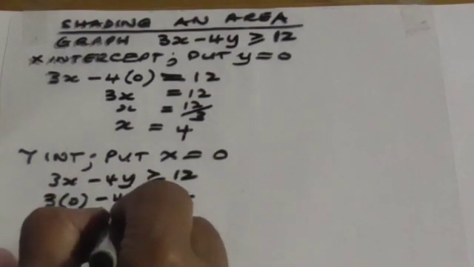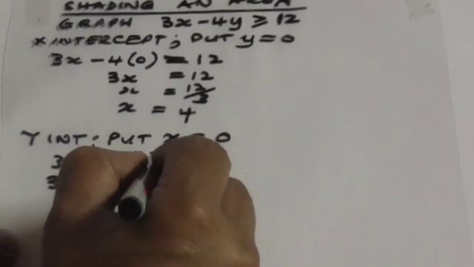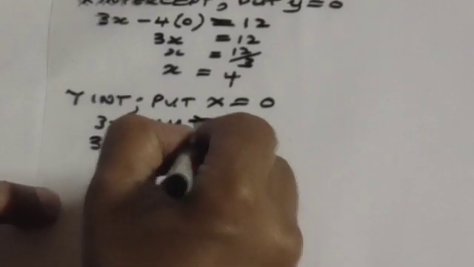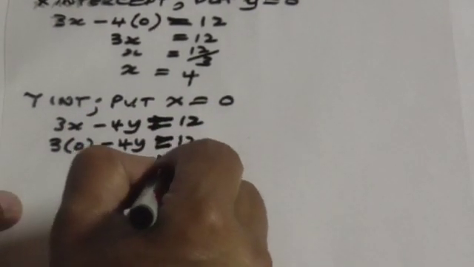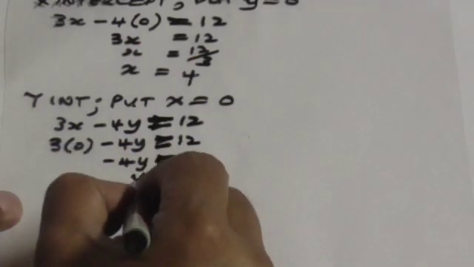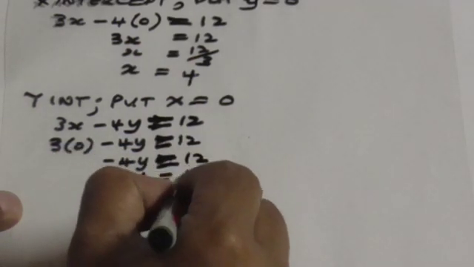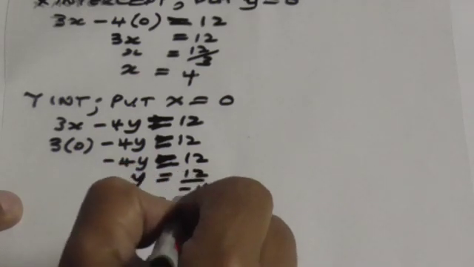Oh, sorry, when you're finding the intercepts, just use equal to signs. Alright, so minus 4y is equal to 12. y is equal to 12 over negative 4. y is equal to negative 3.